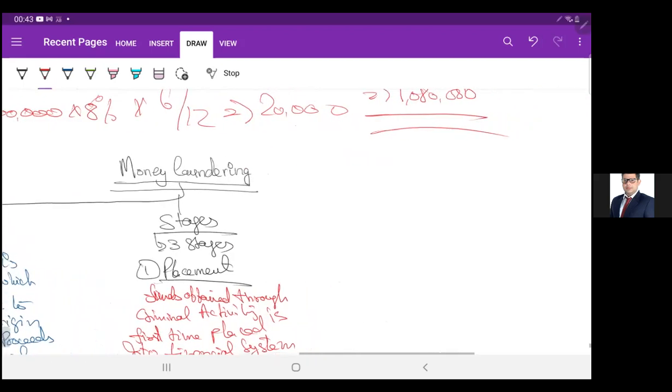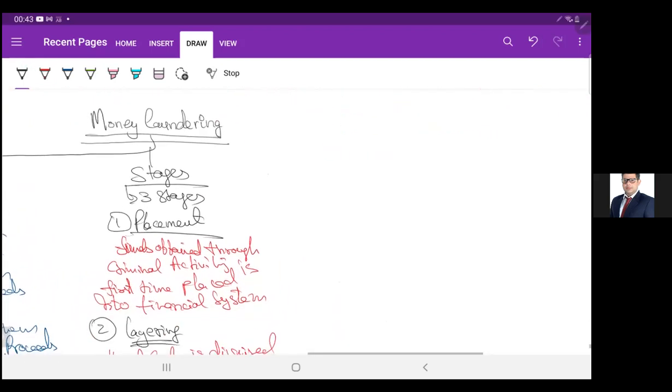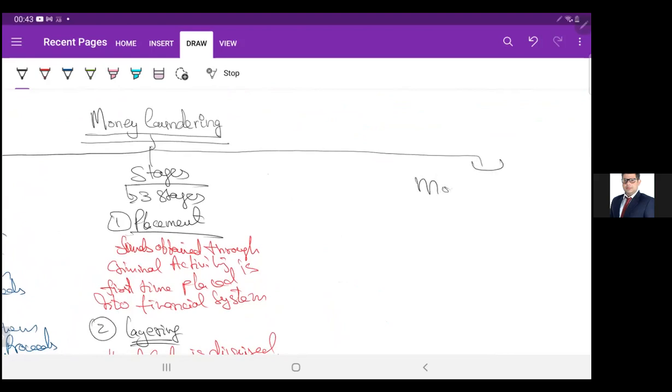Now, what are the money laundering offenses? Let me tell you a few types of money laundering offenses. What can those be?